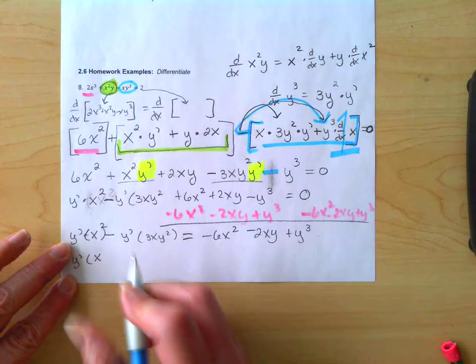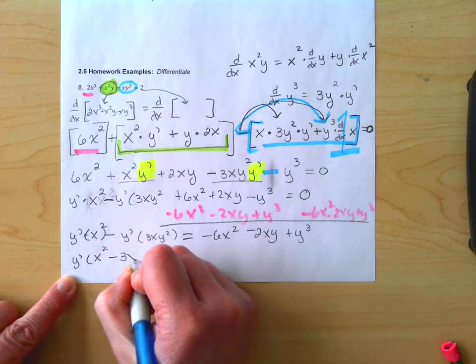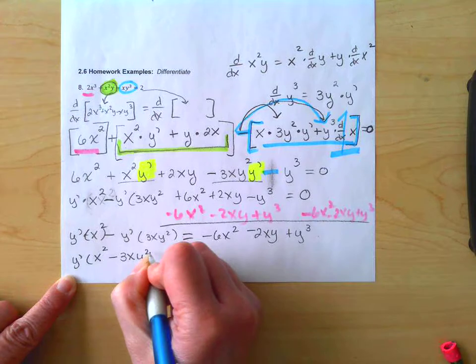Next thing is factoring out this y prime: y prime times x squared minus 3xy squared.